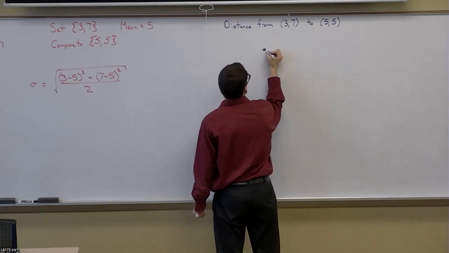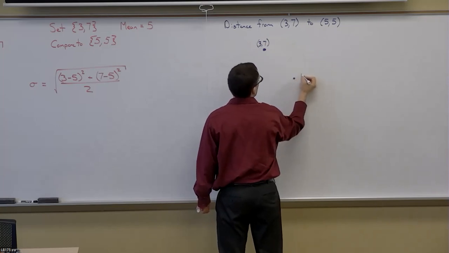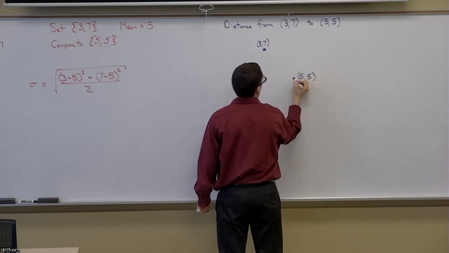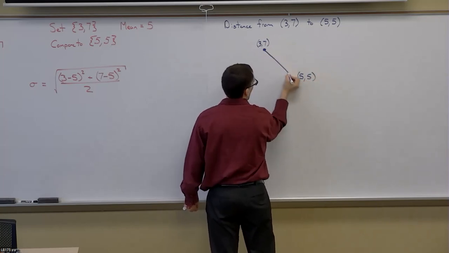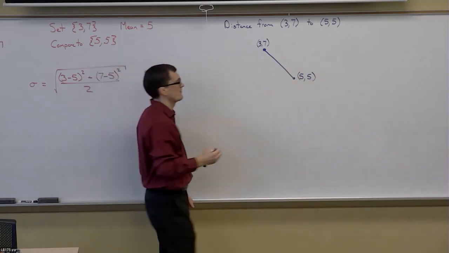So imagine we have the point (3, 7). And I want to figure out how far away is that from the point (5, 5). What's the length of that line?